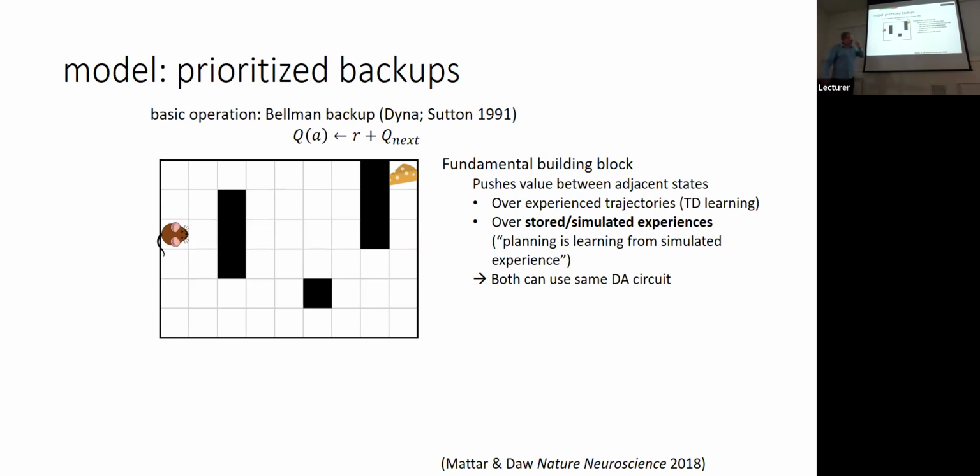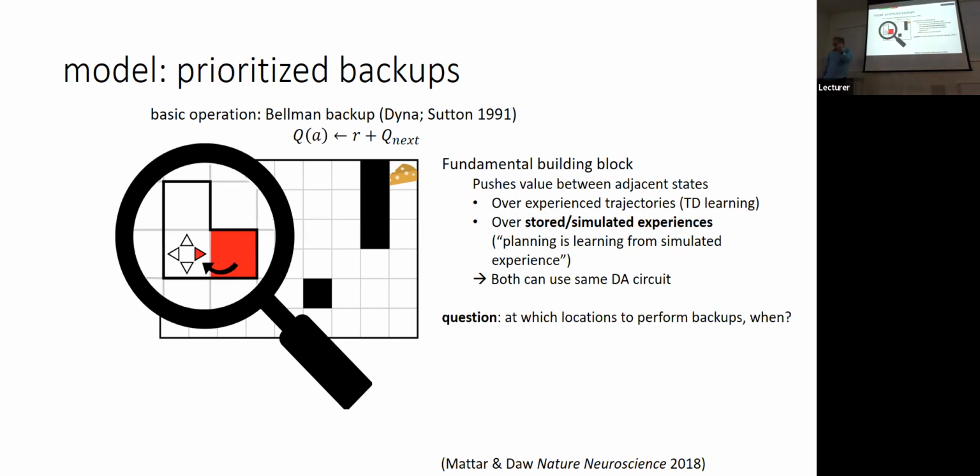So the slogan for this, which Rich Sutton, one of the fathers of reinforcement learning, said, is that planning is like learning from simulated experiences. The brain's going to simulate paths around the world, and it's going to push value along them. That's one way to implement model-based reinforcement learning, if those paths reflect the world well.